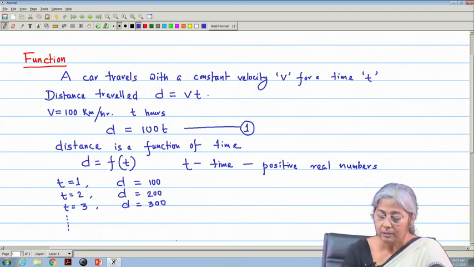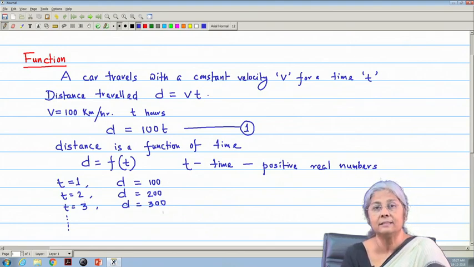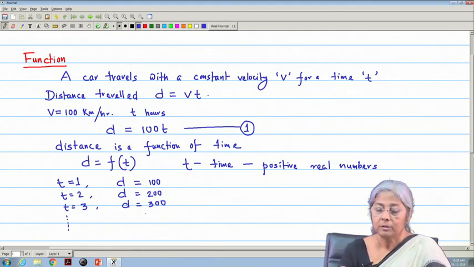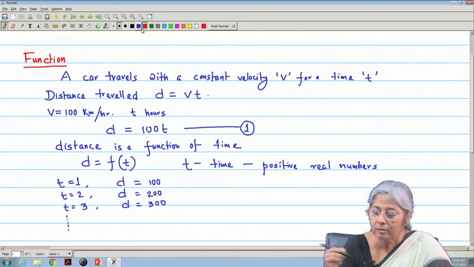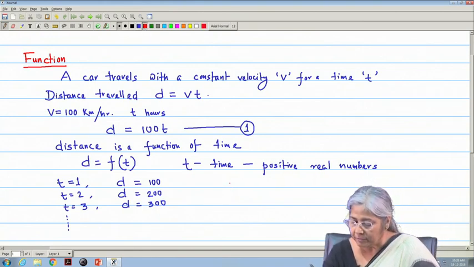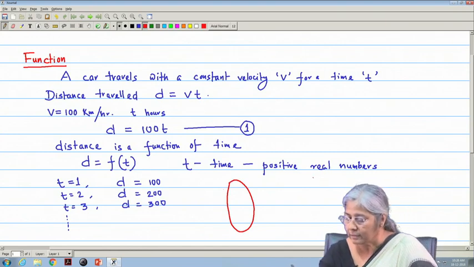Now, see for each t equal to 1, 2, 3, d is assigned a value 100, 200, 300, like that.